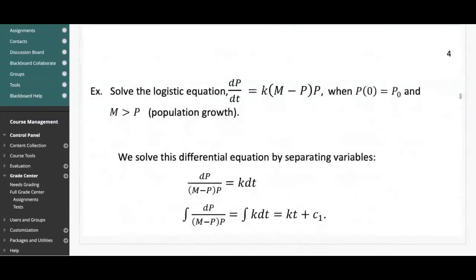Let's see, it depends on the example. Let's see this example. So we want to solve this logistic. Oh, see, this one says M greater than P. So this is population growth. So it depends on the question itself. Each question depends on the context. The value of x of 0 represents what, M or P?